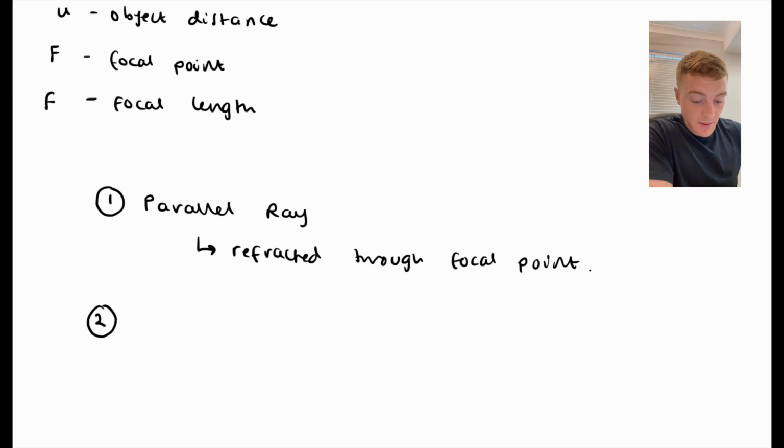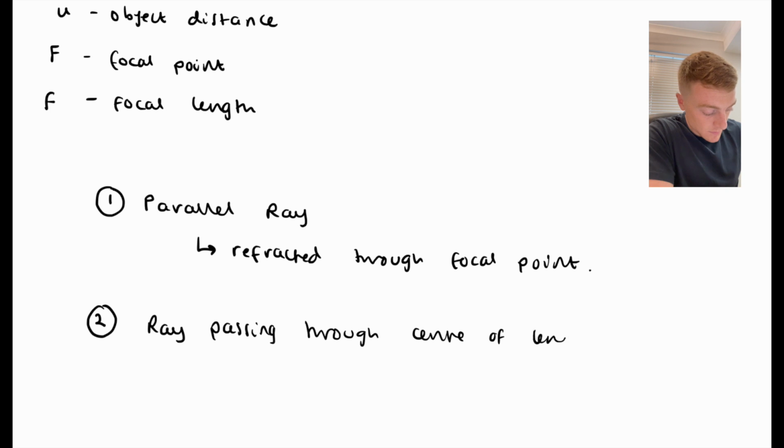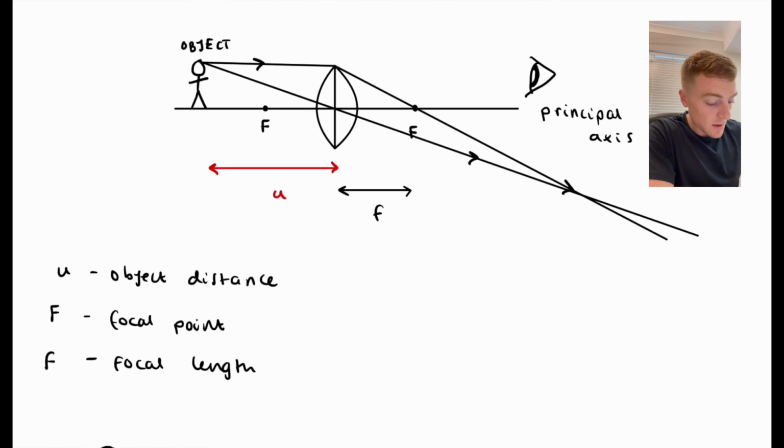So ray 2 is a ray passing through the center. And this gets unrefracted. Okay, so where these two rays meet is where the new image will be formed. Now, these light rays are both from the top of the person's head. So that's where the top of the person's head will be.